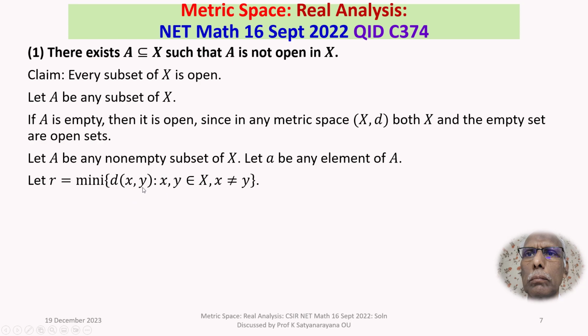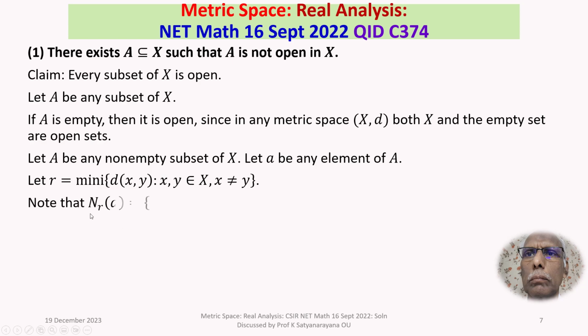That means you are measuring all possible distances between every pair of elements and taking the minimum of all those distances and calling it r.